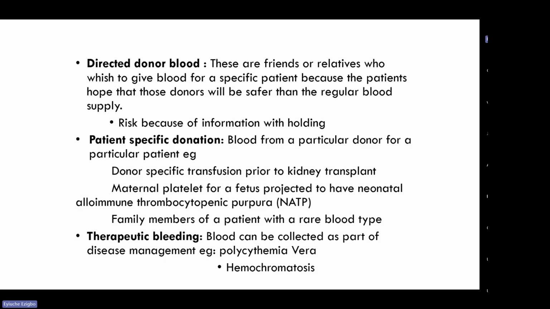So this patient-specific donation is usually needed in situations where there are some rare antigens or antibodies being considered, and when such donors are encountered, their blood samples are specifically reserved for patients with such rare blood groups.